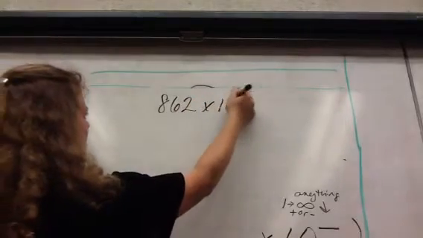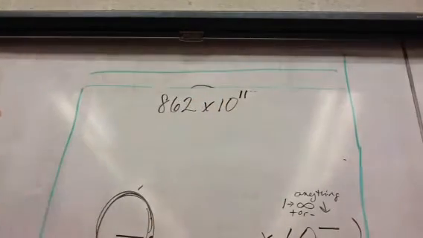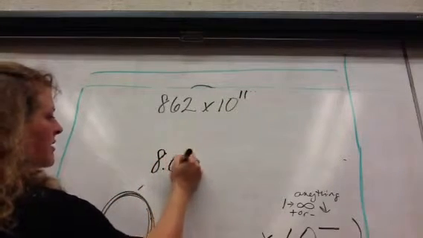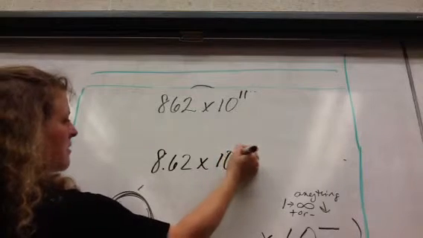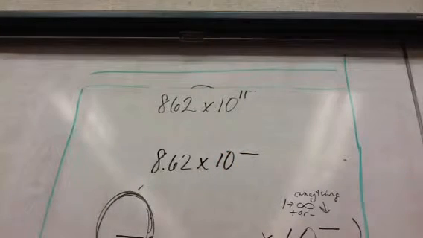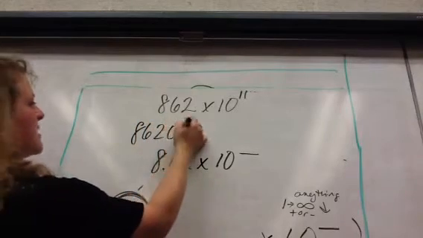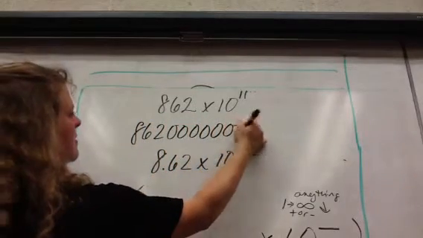862 times 10 to the 11th. Okay? So we know that we need this to be 8.62 times 10 to some power. And we know that that's a positive exponent.